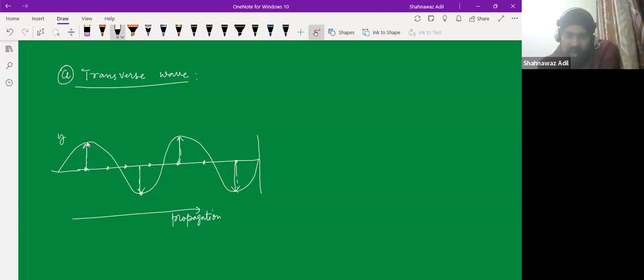So the direction of movement of the particles is y, and propagation of the wave is in x direction, right? So what is the angle between the propagation and the movement of particles? What is the angle?